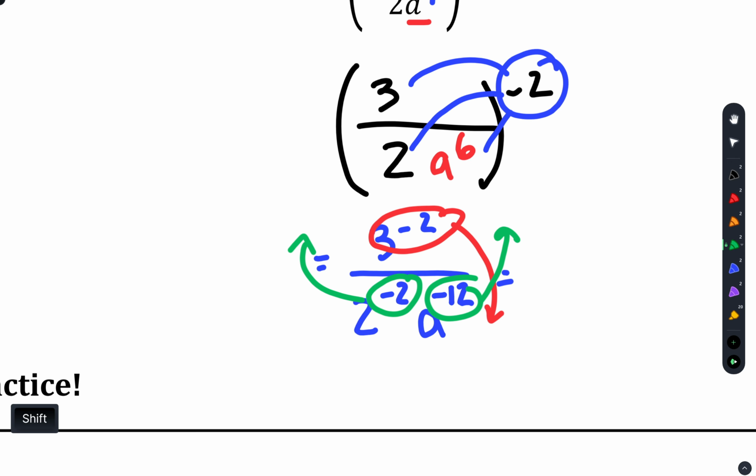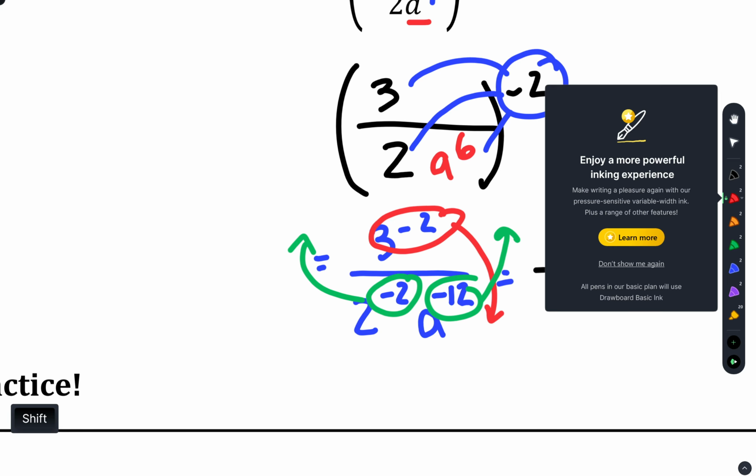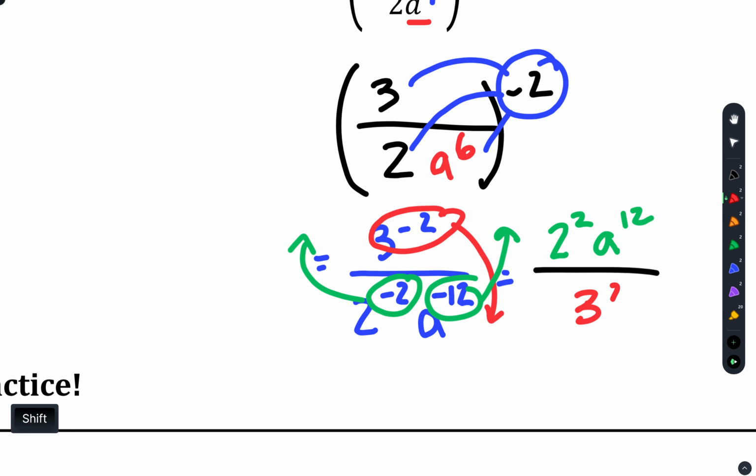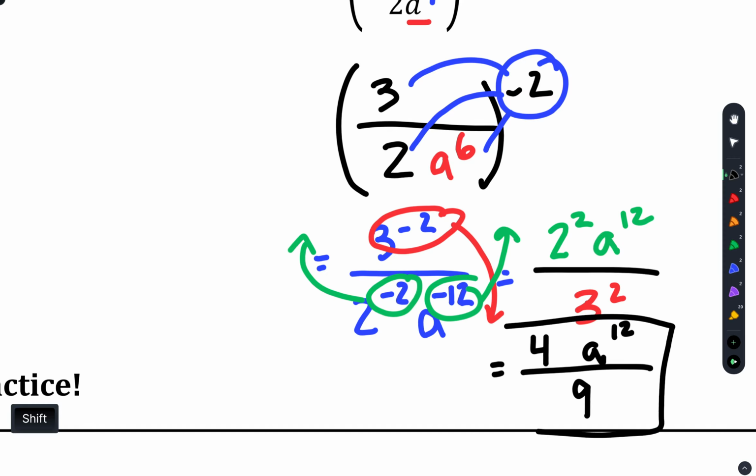So we can rewrite this as 2 to the positive second, a to the 12th over 3 to the positive second. And then one more simplifying step, I think. Maybe there's one more. 4 over 9a to the 12th. And we can't simplify that any further, so we're done.